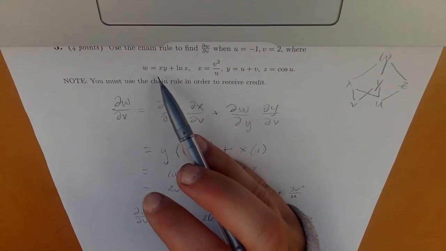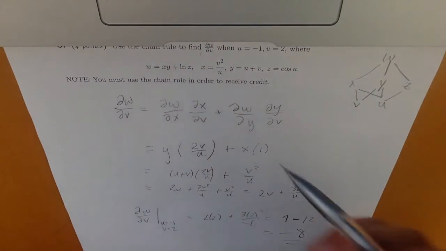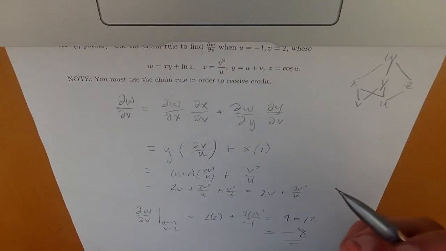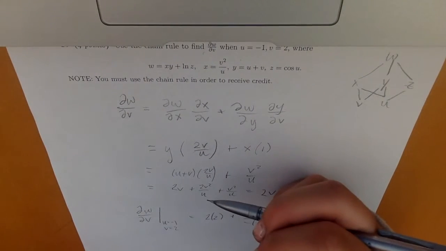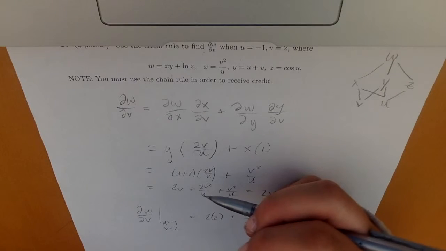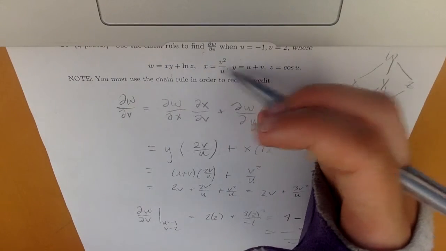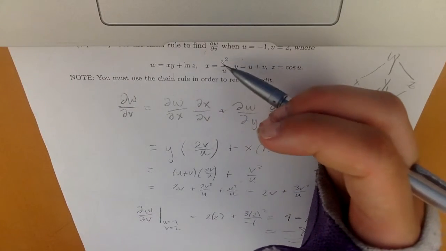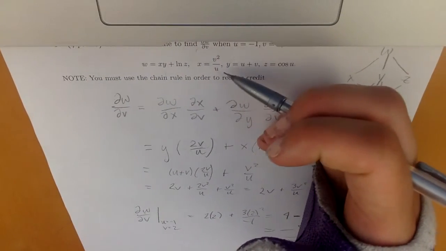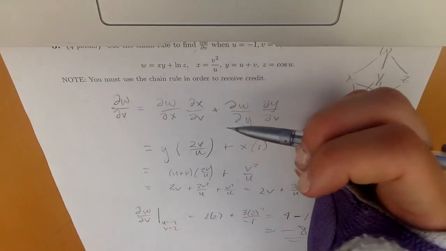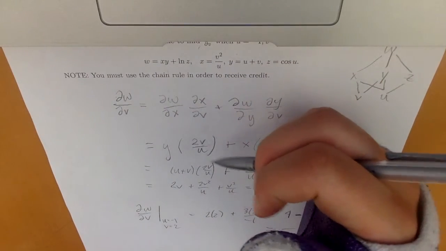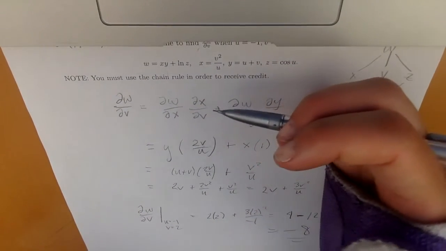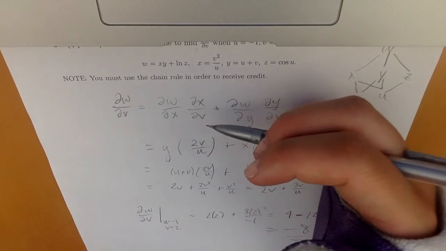Y is a constant, so constant times x, when we take the derivative with respect to x, we just get y. So y times the partial of x with respect to v. This 1 over u here on x is just going to stay there. It's a constant. But v squared is a function of v, so when we take the derivative with respect to v, we get 2v.